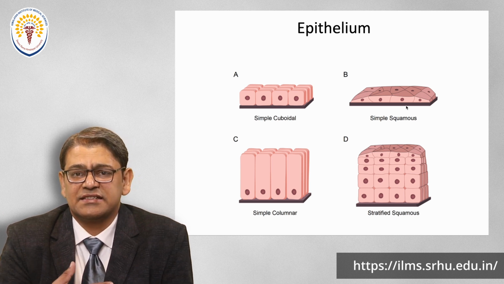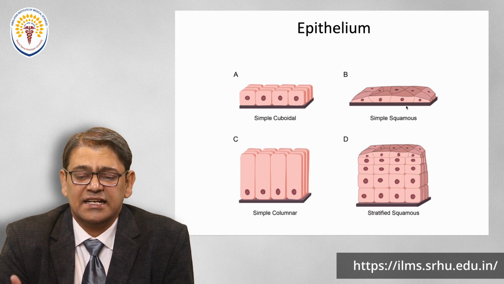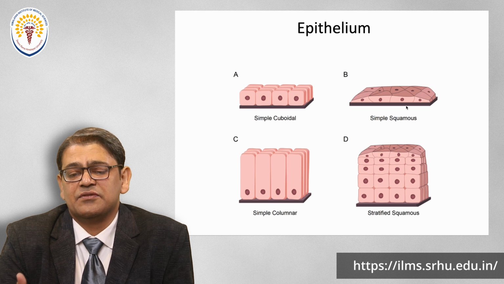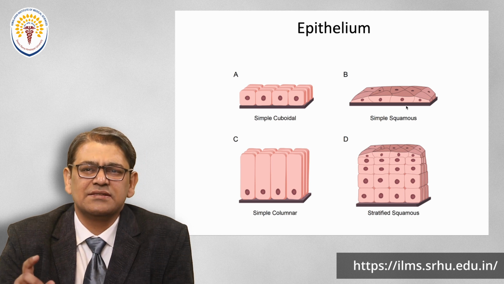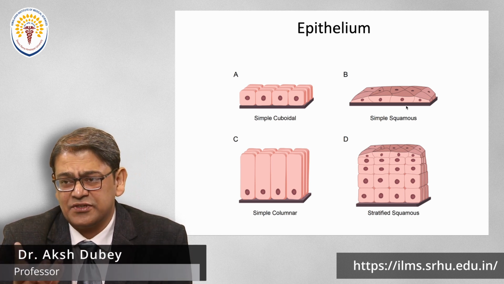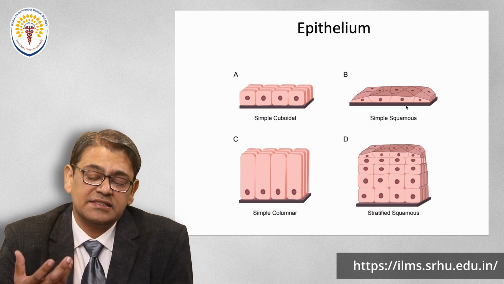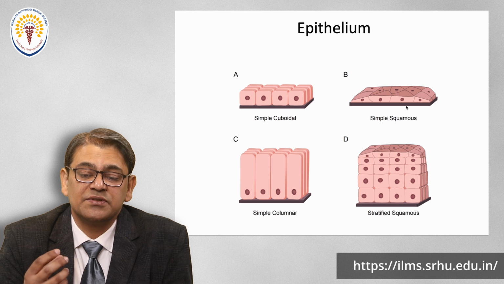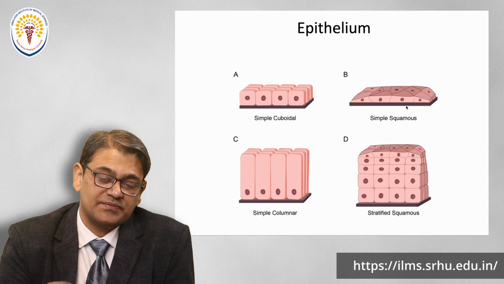At the gaseous exchange areas in the lungs, we see this simple squamous epithelium. A very simple epithelium through which anything passes. Also, this epithelium lines the inside of many organs, for example, the blood vessels. The blood vessel's inner layer is named tunica intima, and that intima is lined by this simple squamous epithelium.